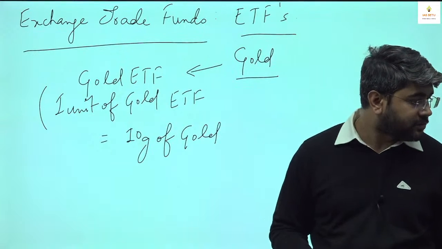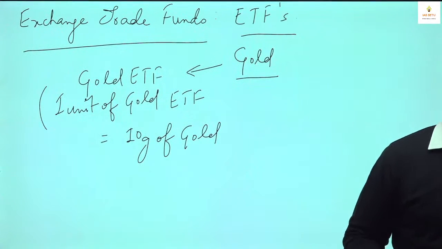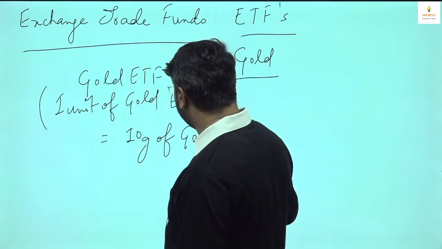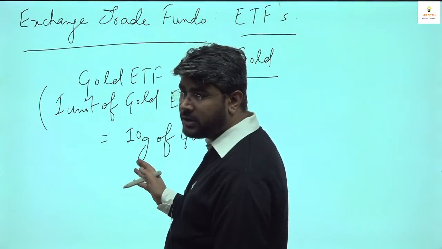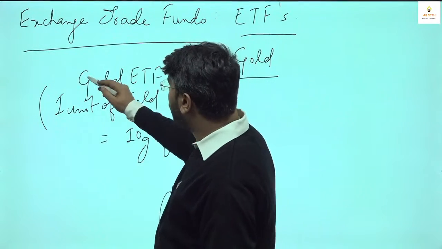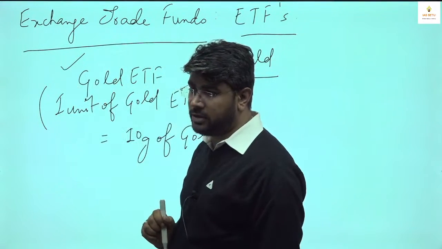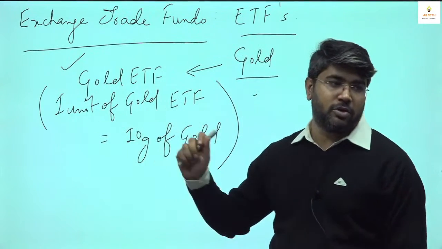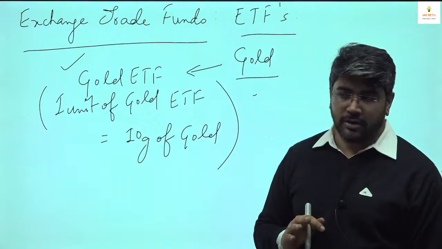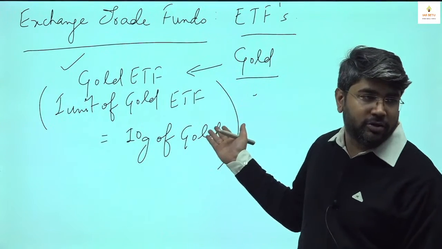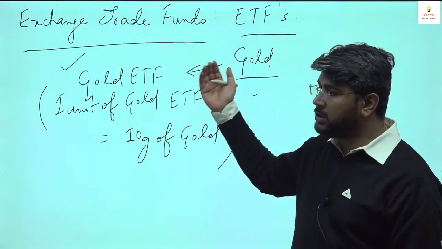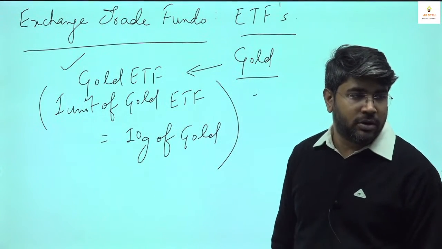है कि नहीं? 1 gram, 10 gram, तो उसके बेसिस पे हम बना सकते हैं, right? The moment it starts tracking the value, my gold ETF becomes an instrument. So instead of purchasing physical gold, we can always go and purchase gold ETFs. कि प्राइस को ट्रैक कर रहा है, तो जैसे प्राइसेस चेंज हो रहा है, similarly gold ETFs are also changing, right? And I can purchase any number of units that I want to.